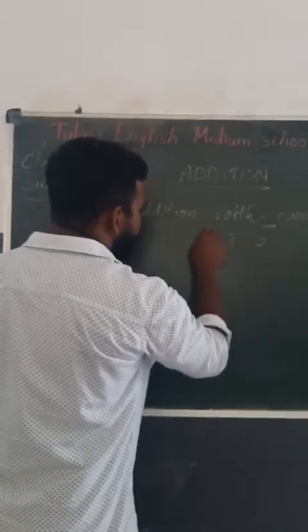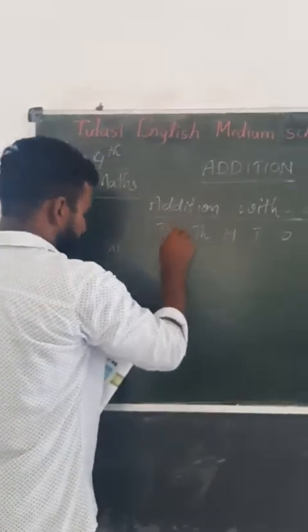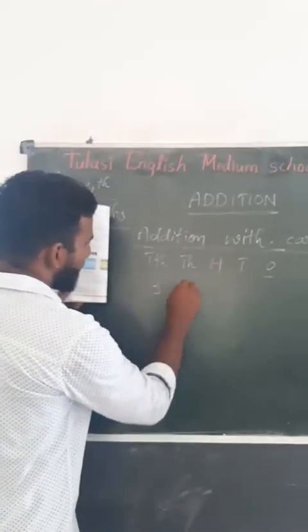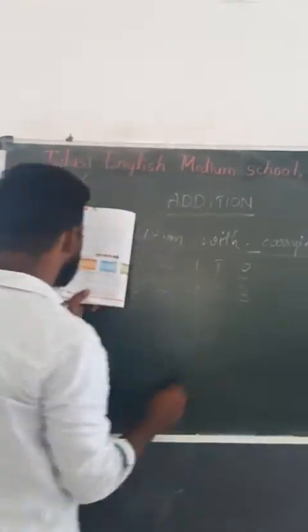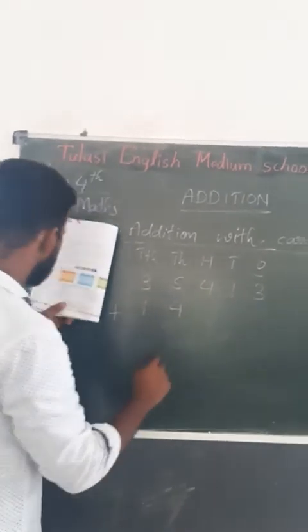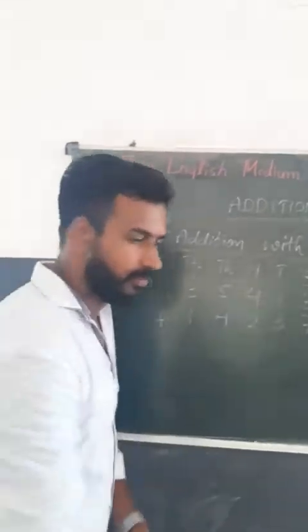Ones, tens, 100, 1,000, 10,000. 35,413 plus 14,237.